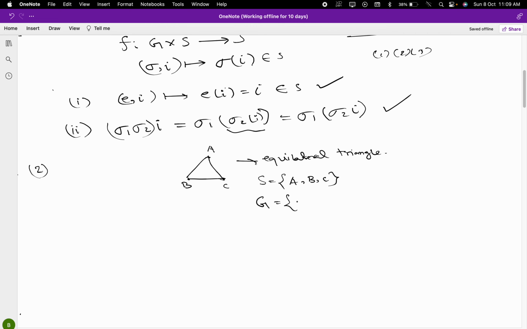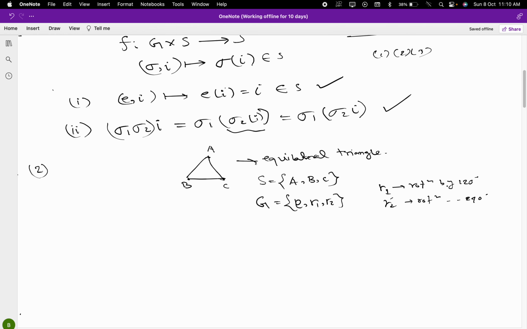as, okay, so this is a group, right? Of course you know it as a D3 group, but this is identity, R1, R2, where R1 is rotation by 120 degrees, R2 is rotation by 240 degrees, right?